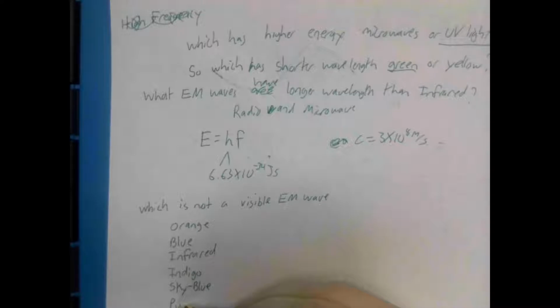This isn't. Purple is actually a combination of red and blue. It's not a single wave. It's not considered a true color. Sky blue kind of is, but I'll remove it just to illustrate. Purple is not a true color. It's a figment of our brains interpreting the signal from our eyes.